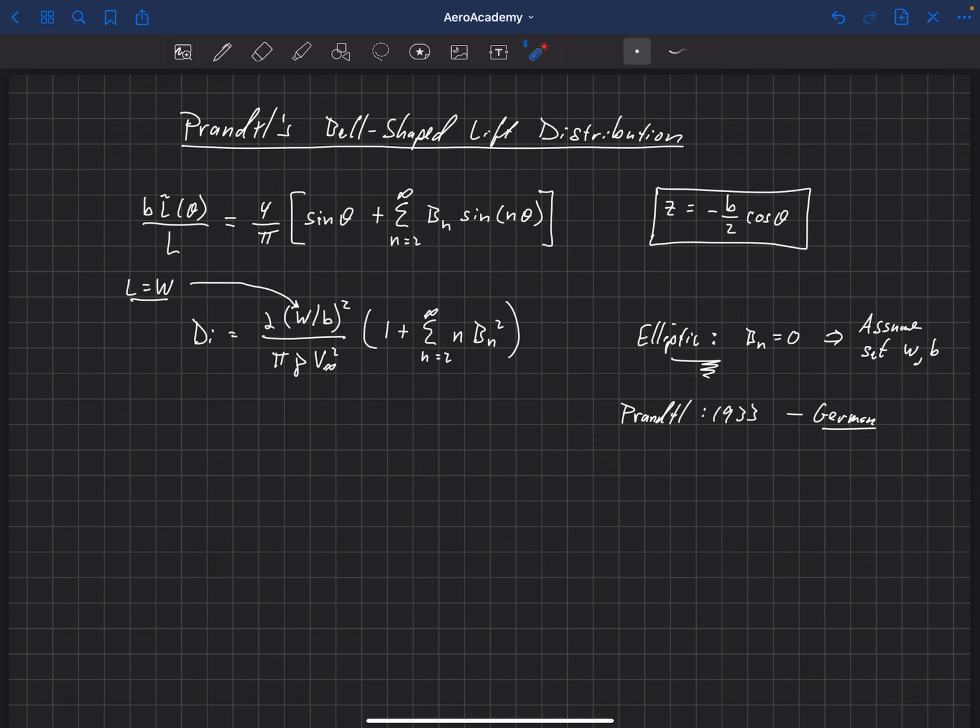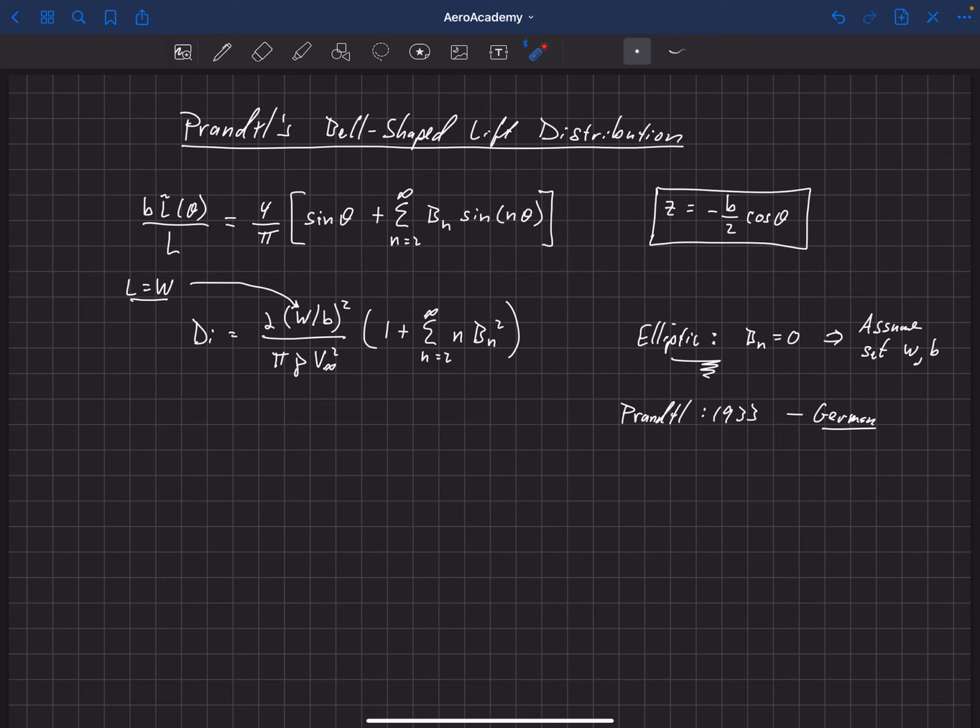When we talk about the elliptic lift distribution, even for any wingspan, by setting these terms to 0, we're going to get back to the elliptic lift distribution and minimize the induced drag at that particular wingspan. But what we don't often talk about is this weight term right here. It's really the lift term out of lifting line theory, but we're saying that it's got to be equal to the weight of the aircraft that we have to carry.